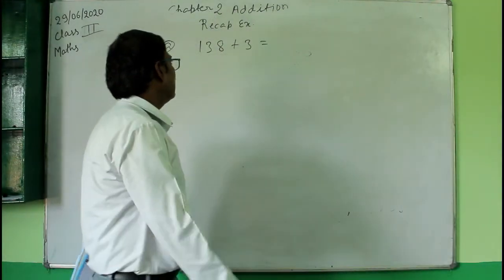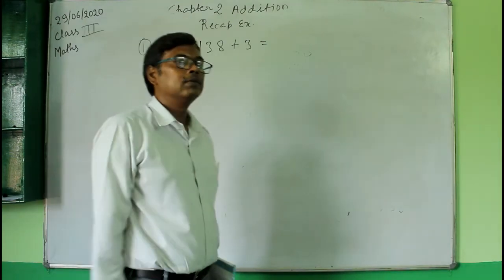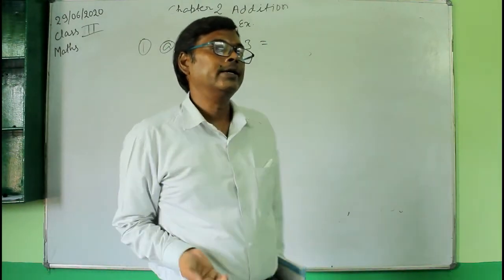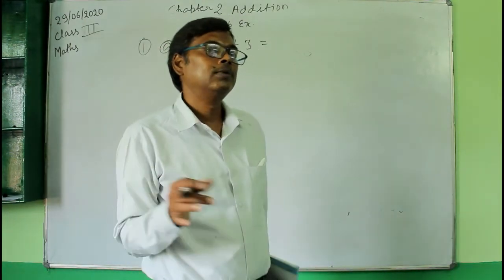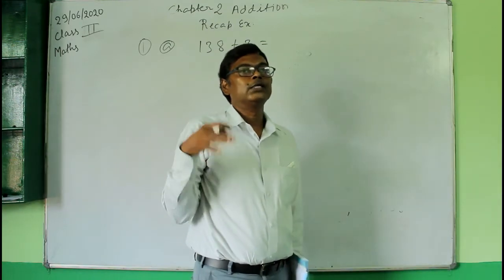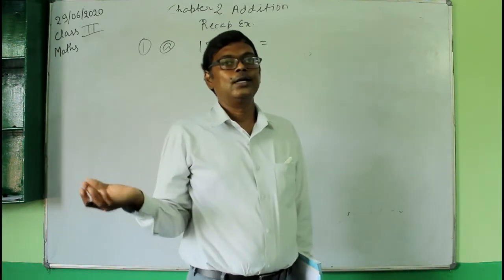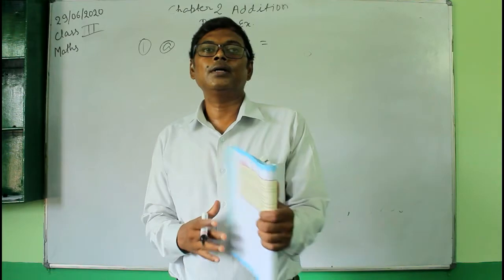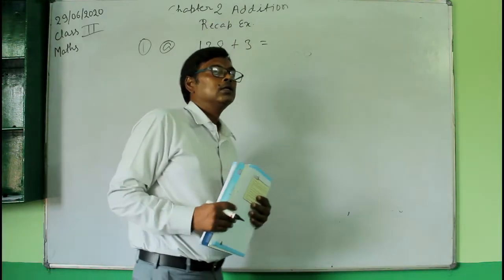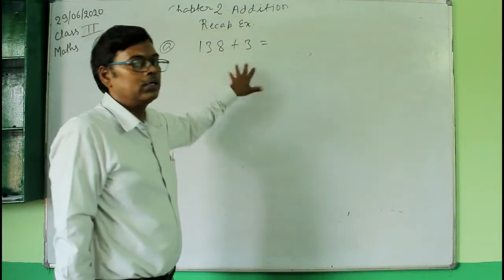Mentally मतलब अपने दिमाग से ही जोड़ना है, कॉपी और पेंसिल का यूज नहीं करना है. Without using pencil and paper, we have to find the sum of these two numbers.